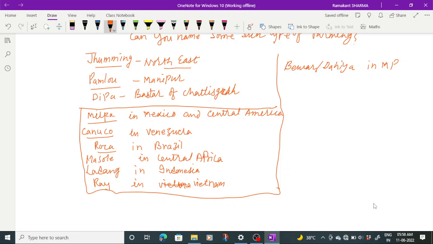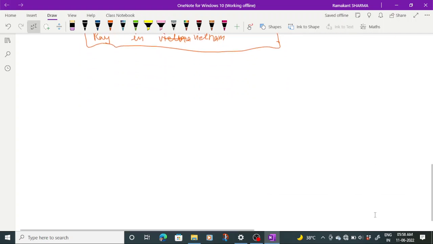Then Podu, we are going to write, then Podu or Penda. Somewhere it is called Podu and somewhere it is called Penda in Andhra Pradesh.